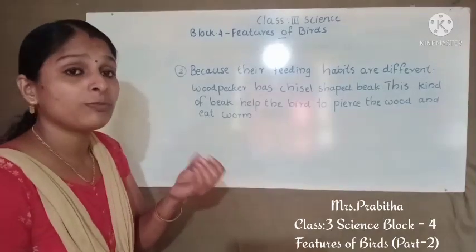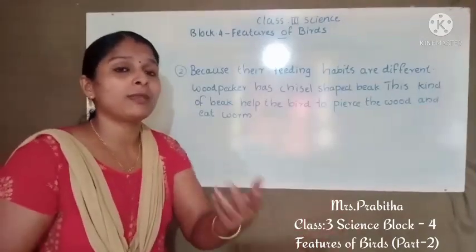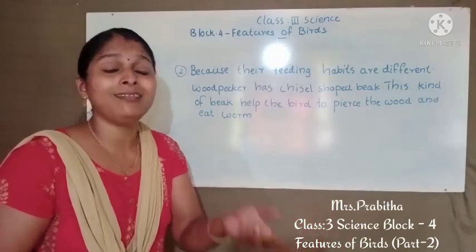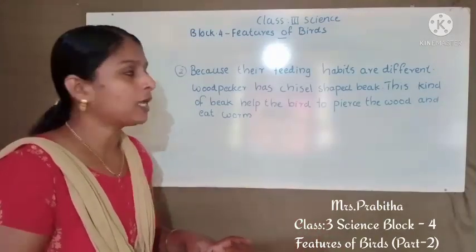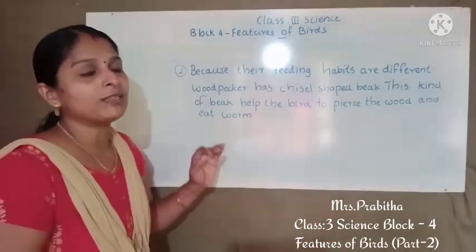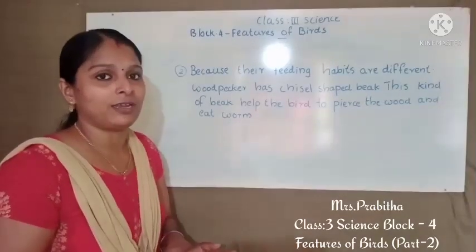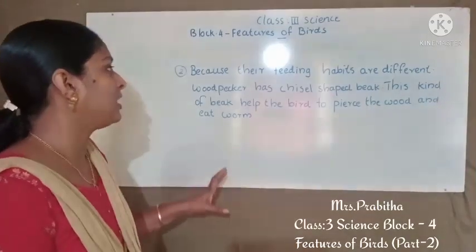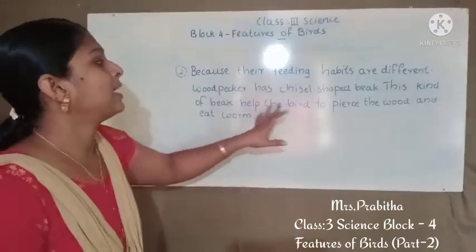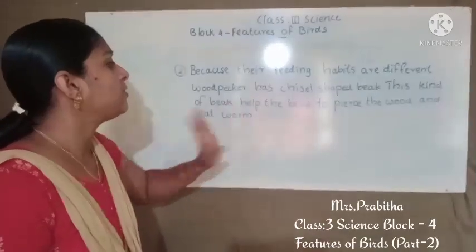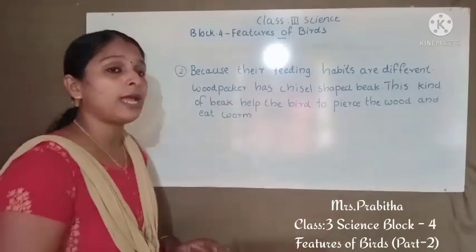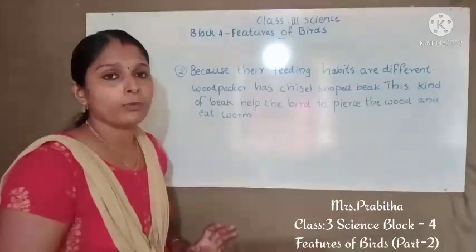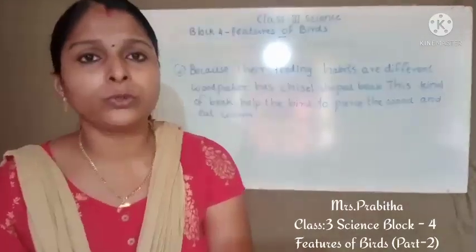But sparrow eats whatever worms can be seen in its surroundings. So both eat worms, but their feeding habit is different. That is the difference. So woodpecker has a chisel shaped beak. This kind of beak helps the bird to pierce the wood and eat worms. Okay, so this is the way you have to do the workbook.